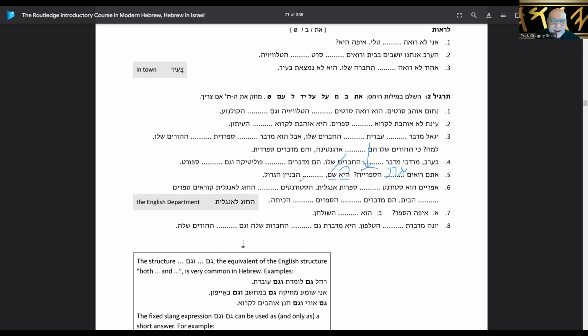Hishem, its name, blank, Habinyan. Oh wait a minute, it's there. I bet you that's Sham, there, because Shem is spelled just exactly the same, but I think it's there because it's talking about Habinyan Hagadol. It's a big building. It's the big building. Hisham, it's there.